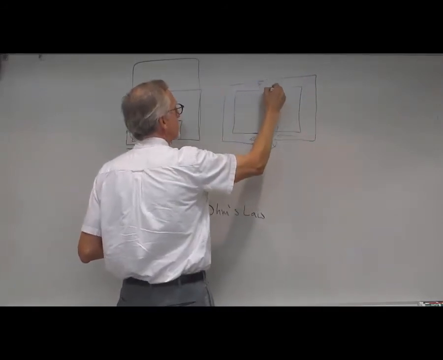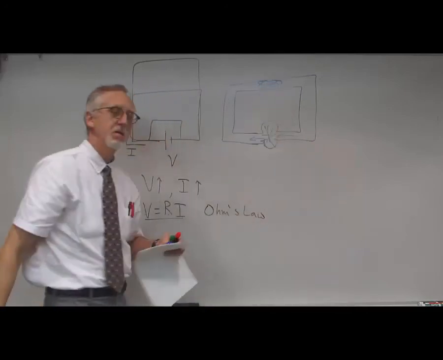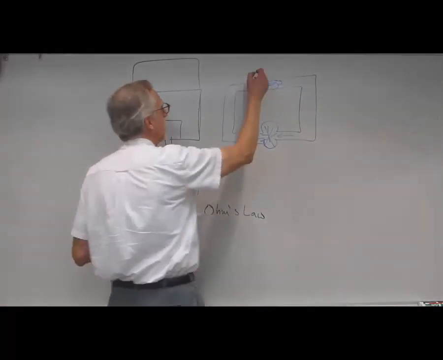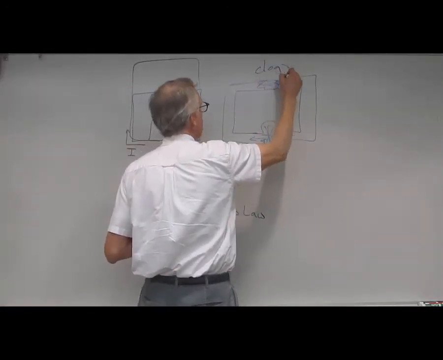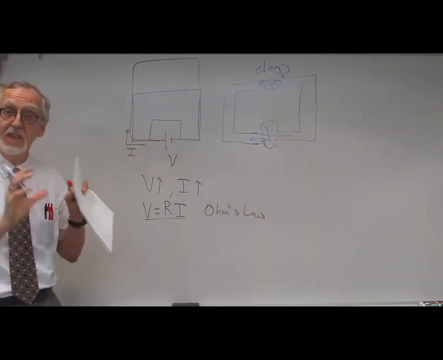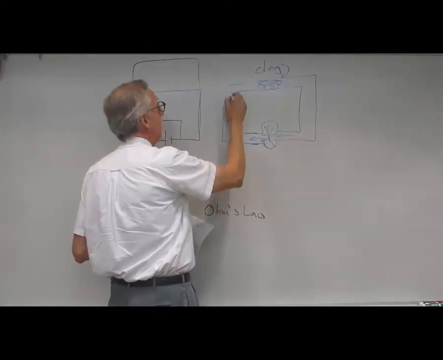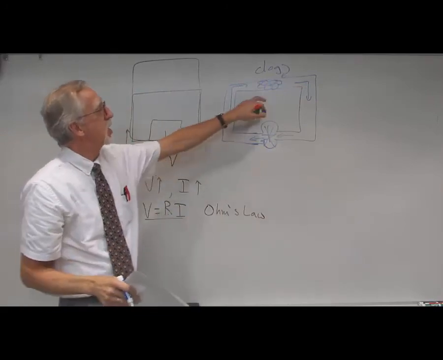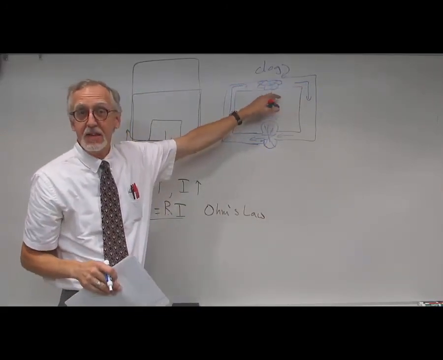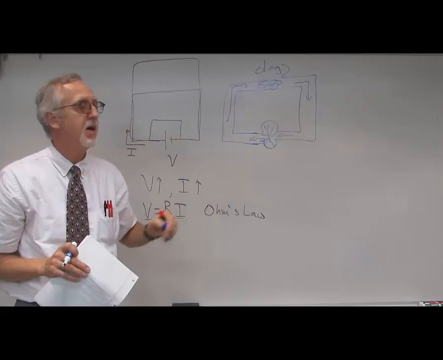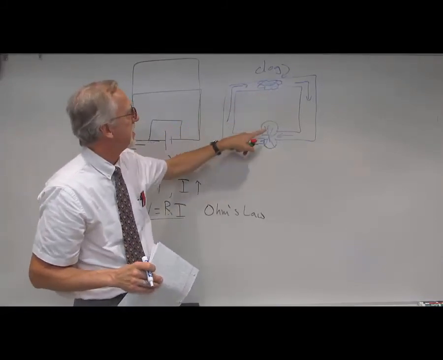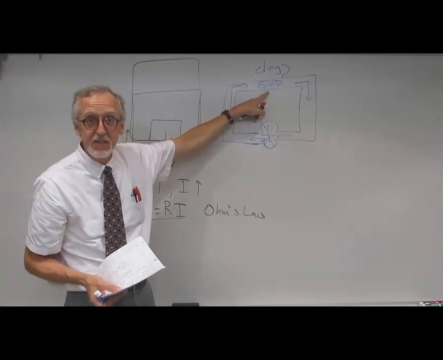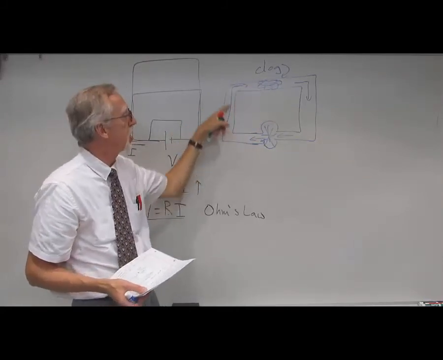Now imagine we've got something stuck in the water pipe. Somebody's been washing their hair or something like that. We've got a clog in the pipe. The clog resists the flow of water around this water circuit. The more cloggy, so to speak, this is, the more it's going to resist the current. The more resistive this is, the less current we get. The less resistive it is, the easier it is for current to go through, the more current we get.